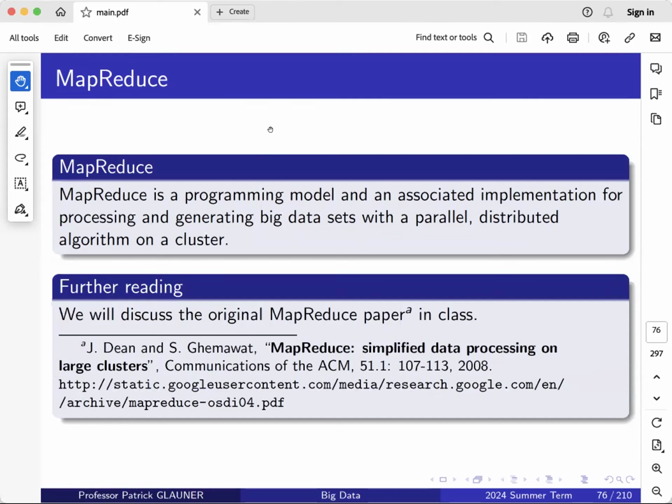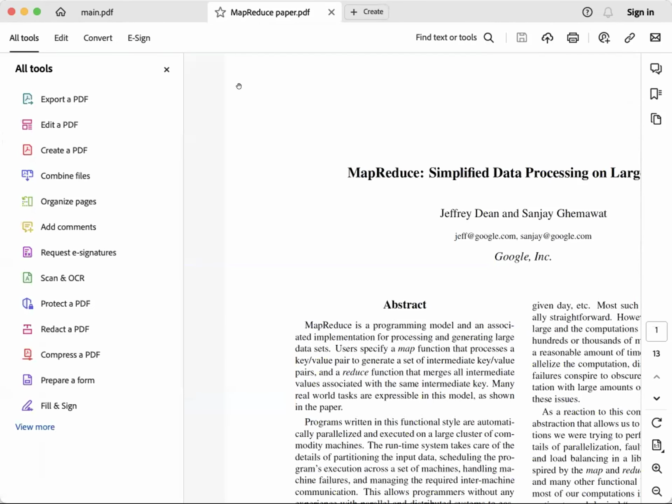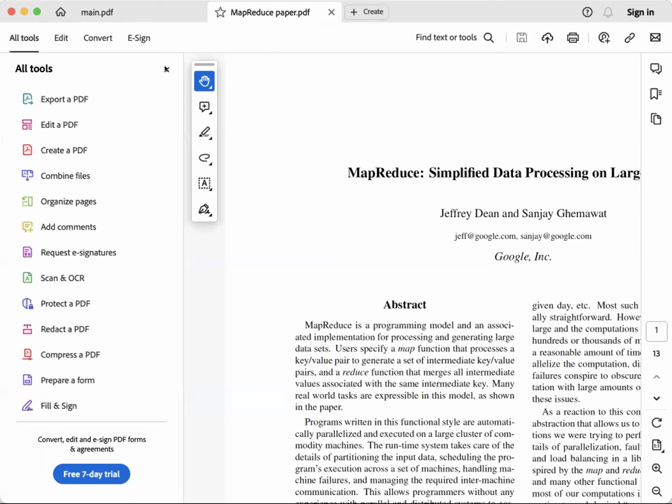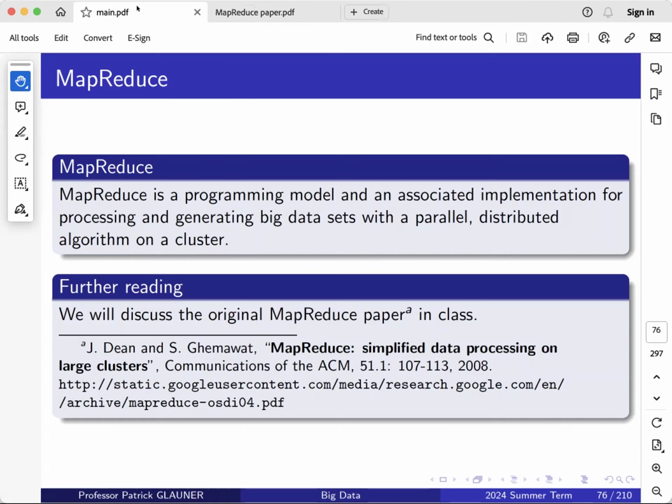And they proposed a solution to that they called MapReduce. And we will now briefly look at the MapReduce paper and see what MapReduce is about. MapReduce is essentially an abstraction for parallelization.